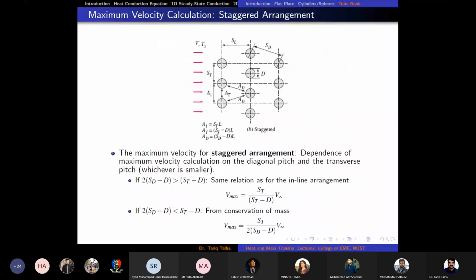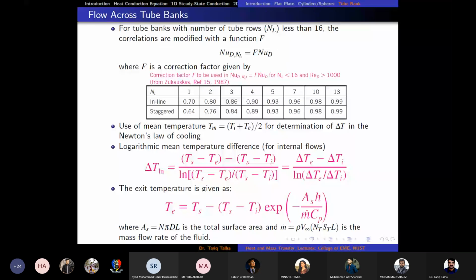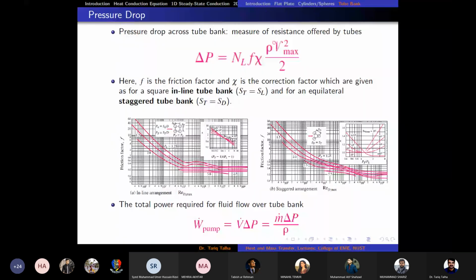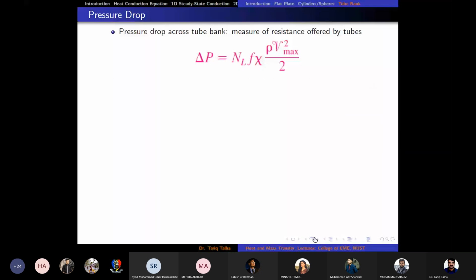For that, ΔP is equal to N_L times f times χ times ρ V_max squared upon 2, where N_L is the number of tubes in the longitudinal direction, f is the friction factor, and χ is the correction factor.